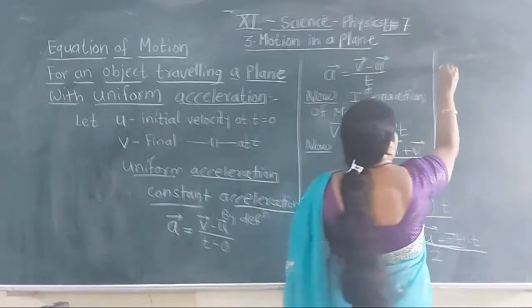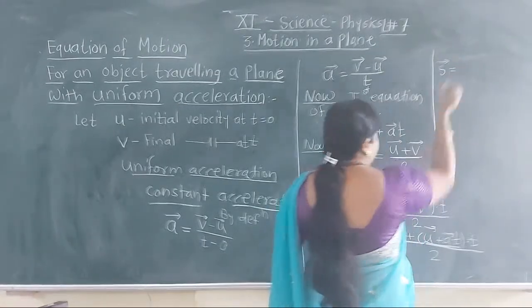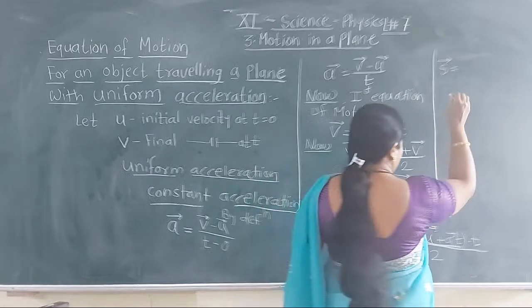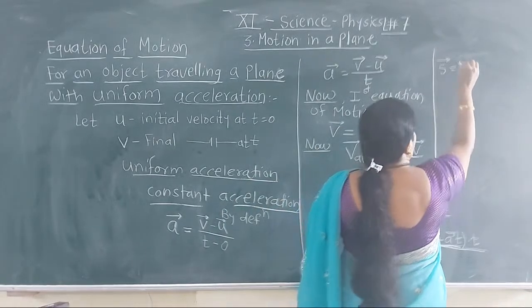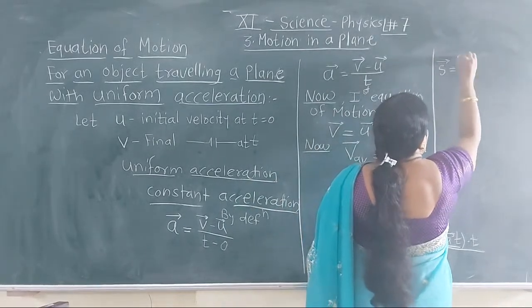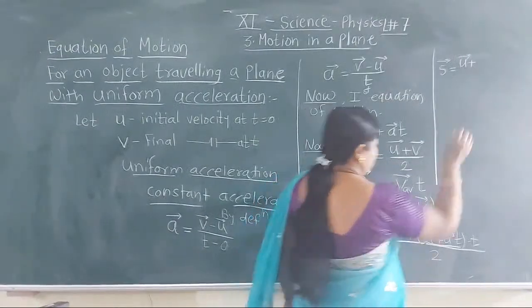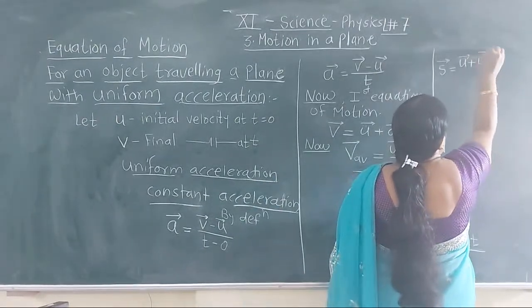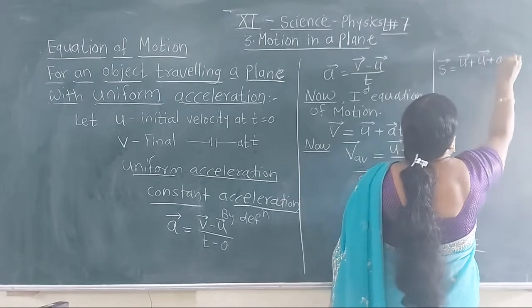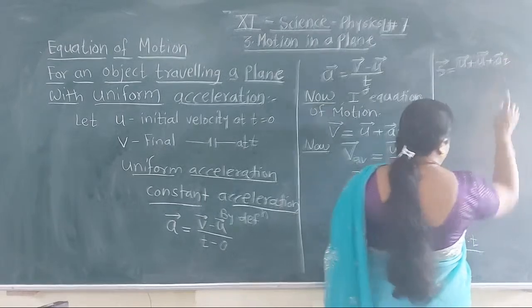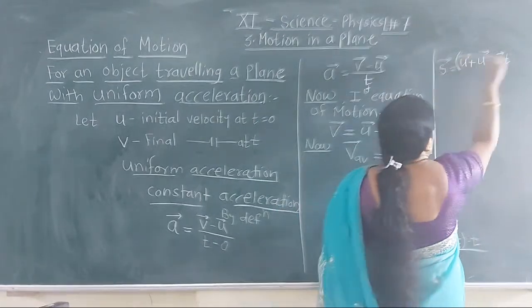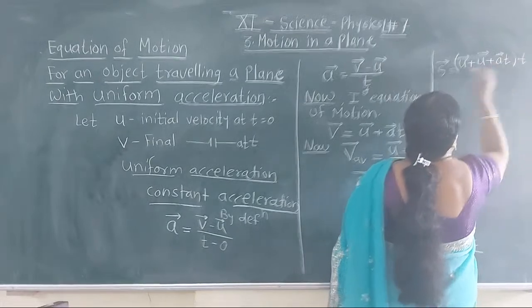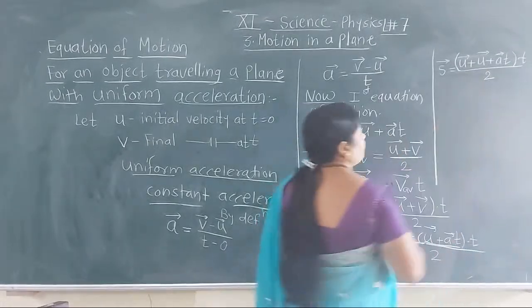Vector s is equal to vector u plus vector u plus vector a into t, and common multiply by t divided by 2.